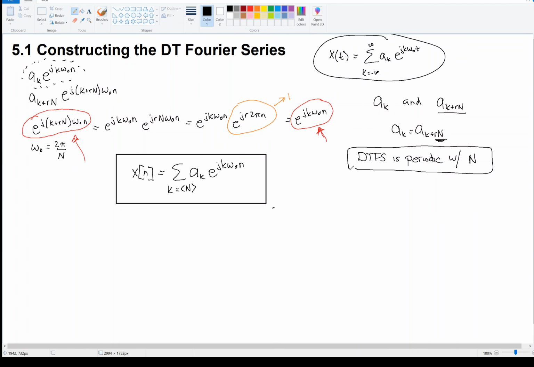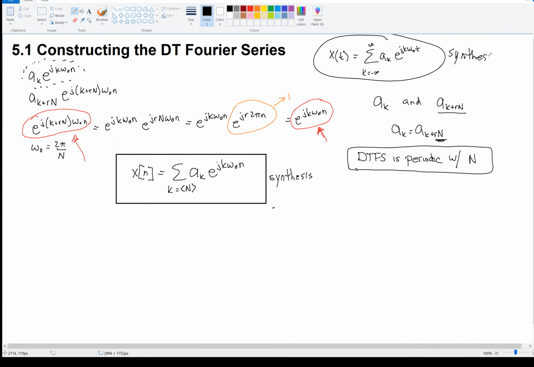That is something that we did not see in continuous time, all right? But it must be true in discrete time, all due to the fact, again, that frequencies differing by an integer multiple of 2 pi are the same frequency. And in this boxed equation that I have over here, this is called the synthesis equation, just like we referred to this in continuous time as the synthesis.